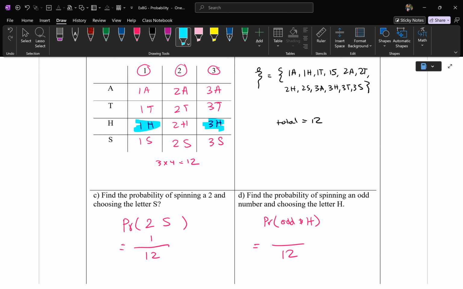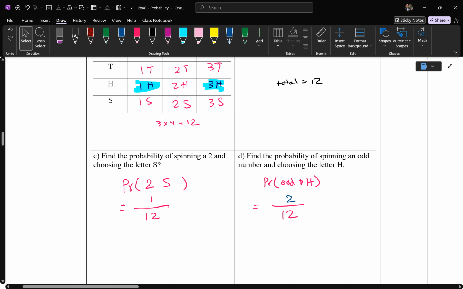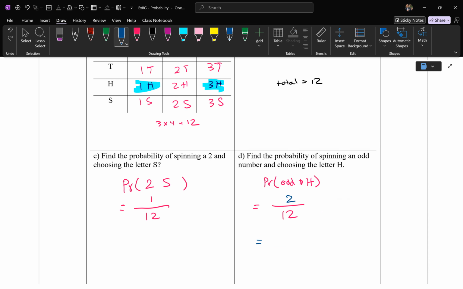Very good. So to get H's, there are only 3 options. But out of those 3, you can get either a 1H or a 3H there. So the probability is 2 out of 12. But again, you don't leave your answer as 2 out of 12. It must be 1 out of 6. You've got to reduce it to simplest form.